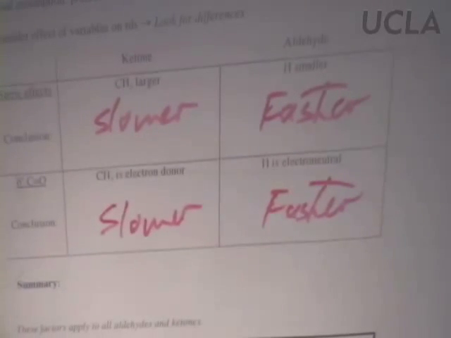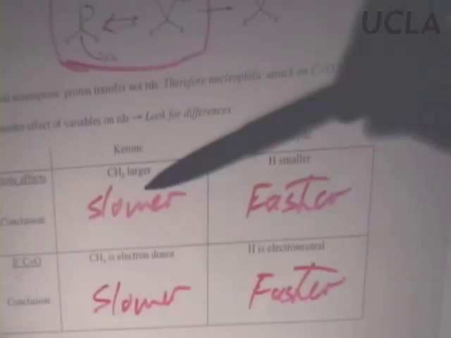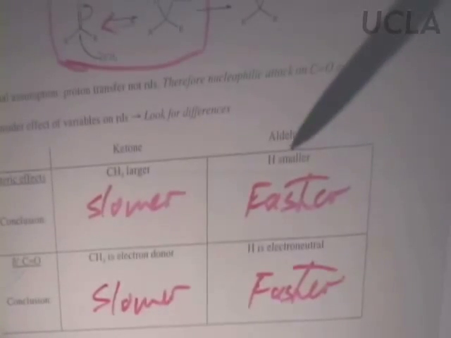Now, here we've made the analysis for aldehydes versus ketones, for one aldehyde, acetaldehyde, versus one ketone, acetone. If you look at aldehydes and ketones as a whole, the factors are going to work the same. Regardless of what the nucleophile is, regardless of what the aldehyde or the ketone is, these factors are going to be pretty much the same. Most ketones are more sterically hindered than similar aldehydes.